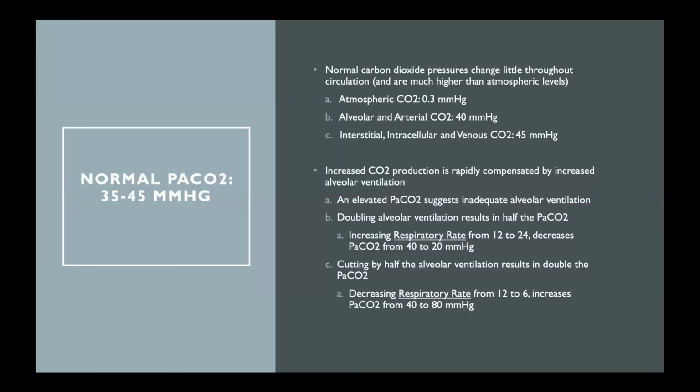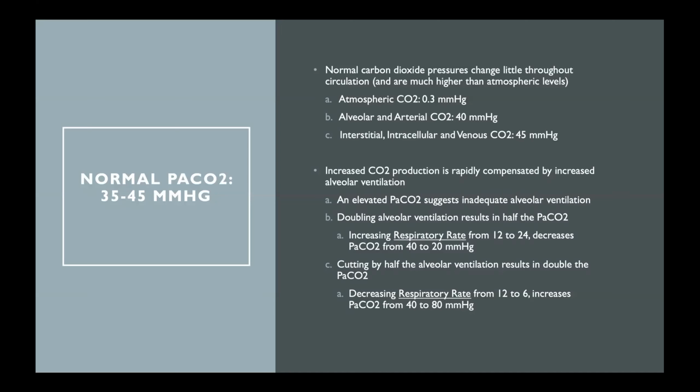What is happening with carbon dioxide? Normal carbon dioxide pressure changes little throughout the circulation. Atmospheric is 0.3, while alveolar and arterial carbon dioxide is 40 because of the mixing. There's not much change between alveolar and arterial carbon dioxide, unlike oxygen.